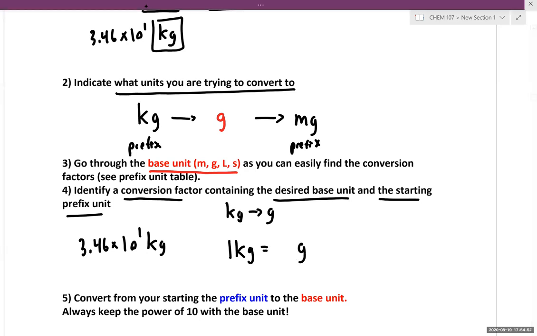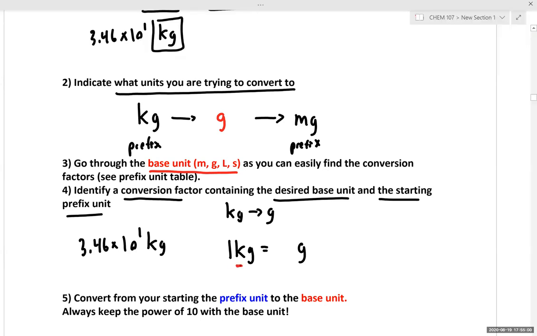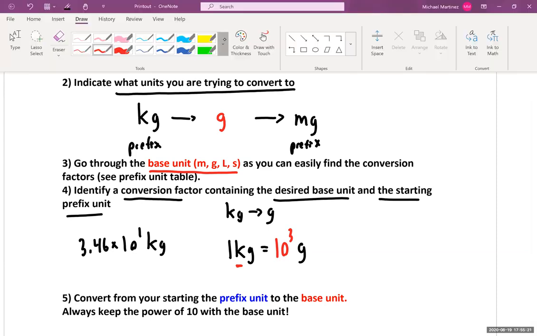What does the kilo prefix correspond to? 1,000, or 10 to the third. I like writing things in terms of powers of 10, though you're more than welcome to write it as 1,000. I find when you write it in terms of powers of 10, it's easier to add and subtract the powers of 10 when you're performing your unit conversion. But yes, that's exactly right.